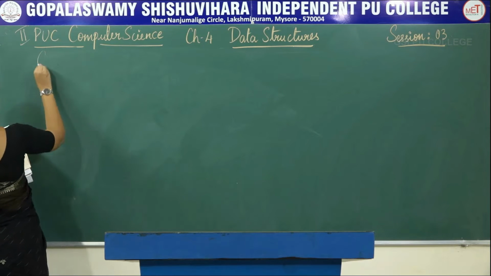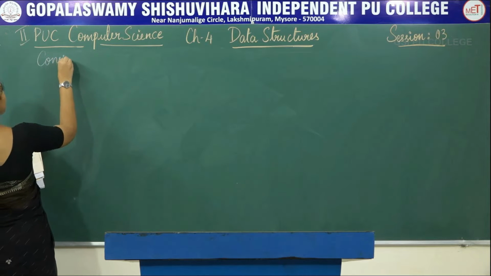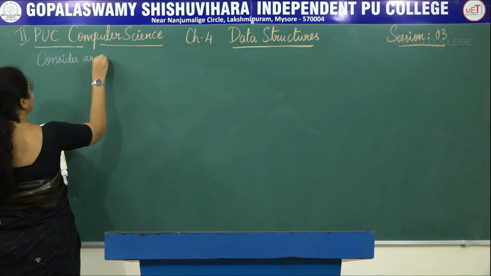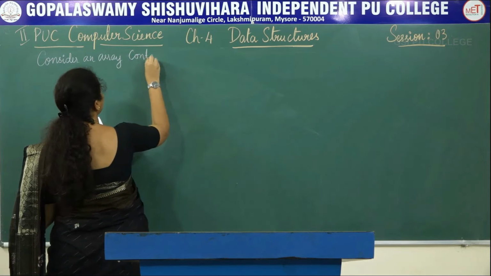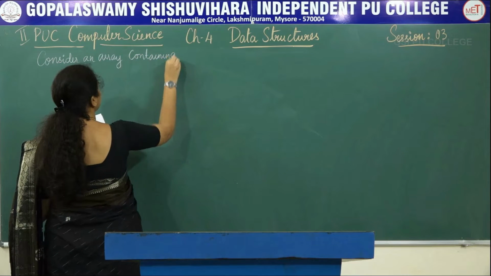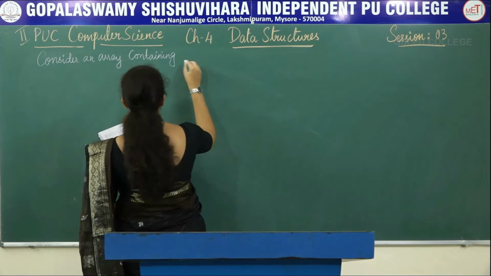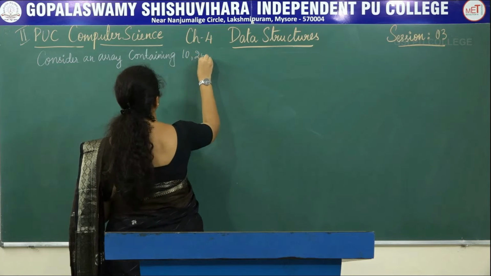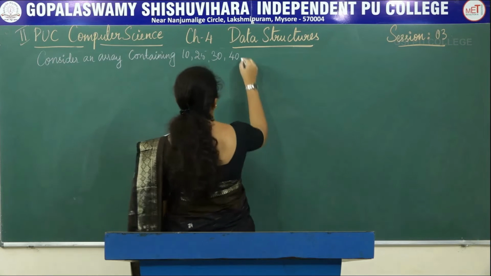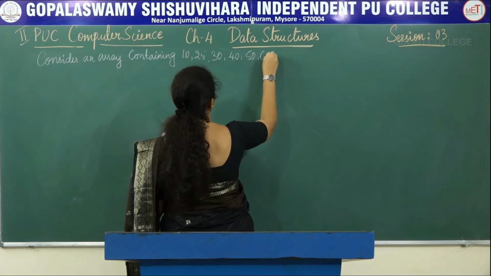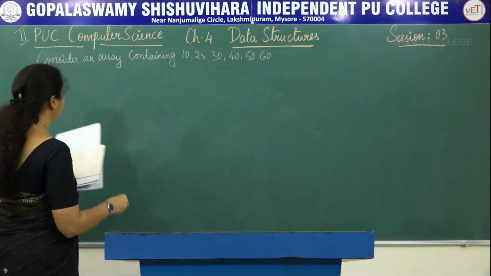So consider an array containing 10, 25, 30, 40, 50 and 60.